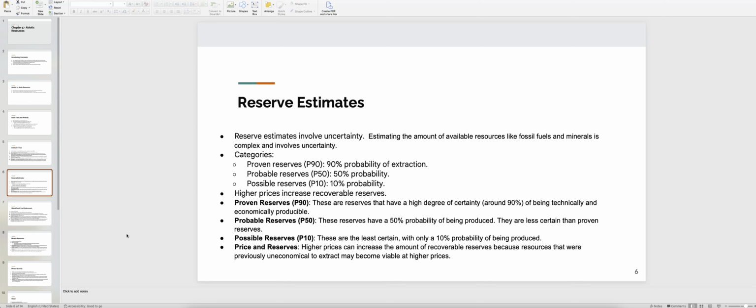I shouldn't say absolutely know to be true, but highly, highly, highly likely know to be true. That would be about 90% probability of what we think we can extract. And then there's the probable, which has a smaller probability, and then the possible, which has an even smaller probability.